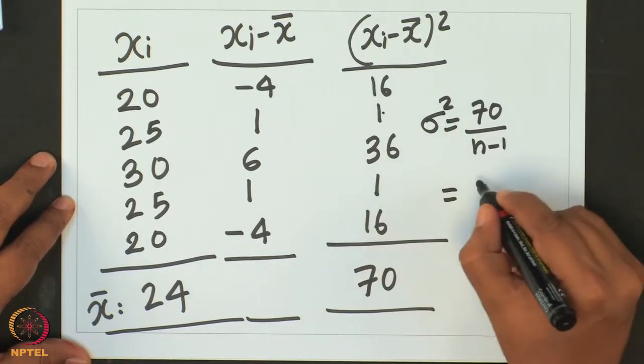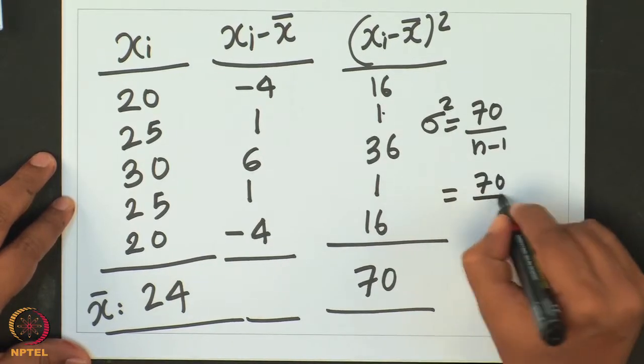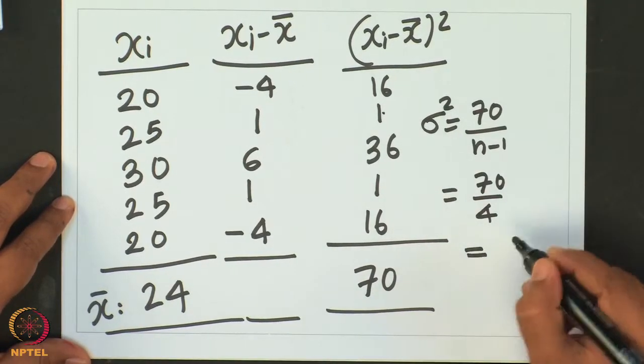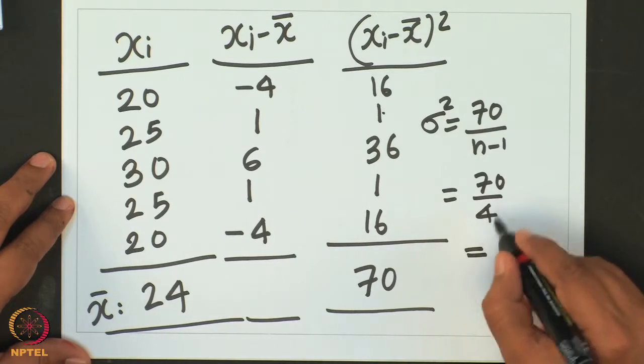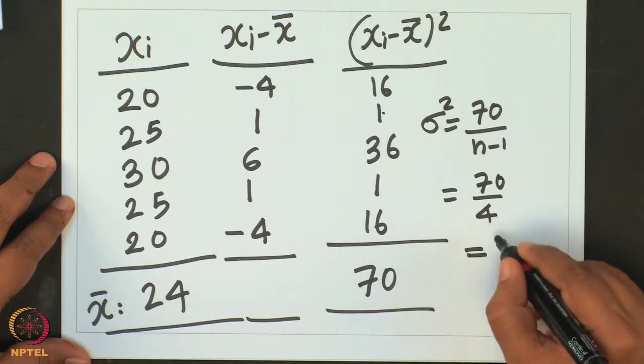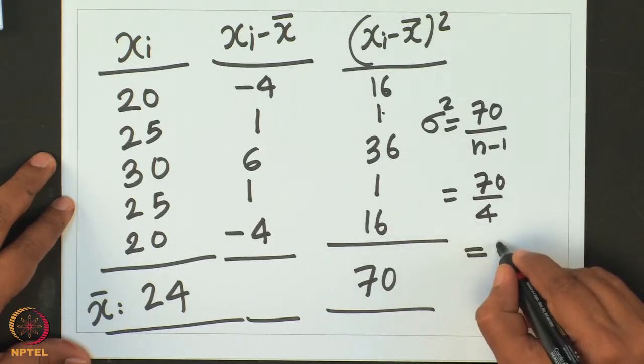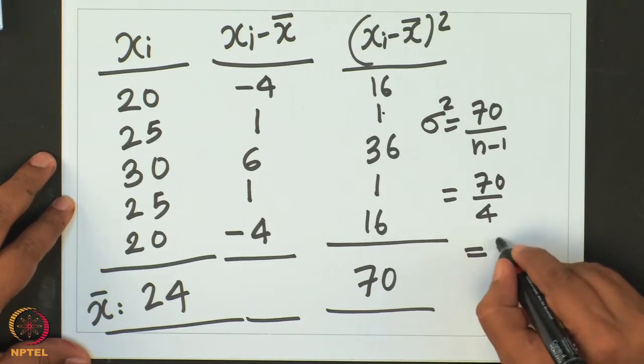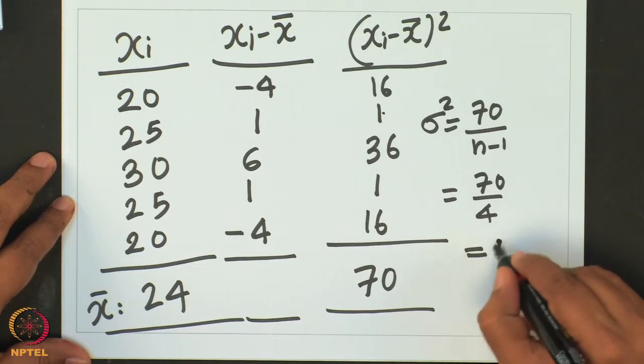So we would do 70 divided by 4, and this would give us approximately 16, roughly close to 70.